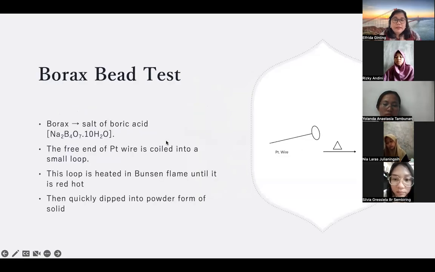So as the water disappears, it forms like a glass in this loop. Any question until this part? No? Okay.